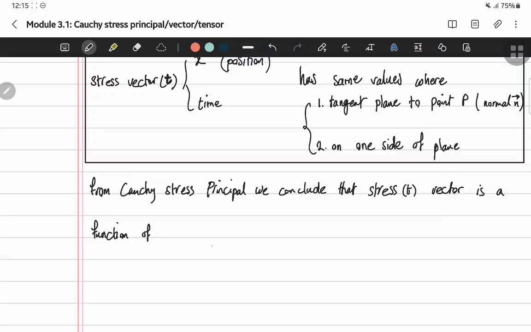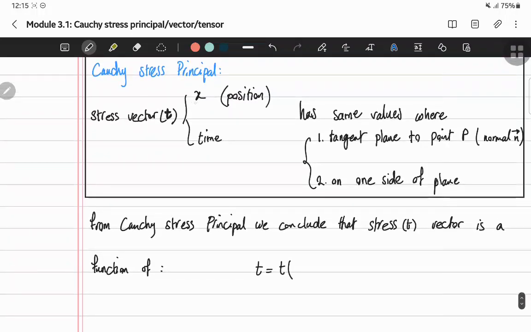So boldface T is a function of position, time t, and also n.